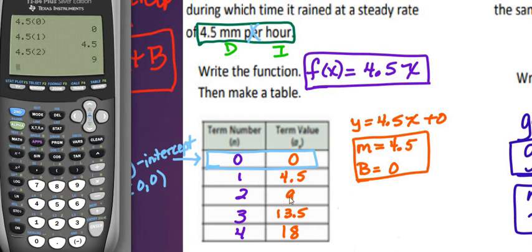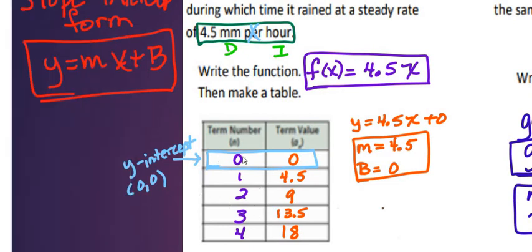And I see I get a 9. And I can do this all the way down. Cursor back, type in a 3, and I get 13.5. Cursor up here, hit enter, cursor back, and I'm going to put in 4. Now I have filled in my chart right here.